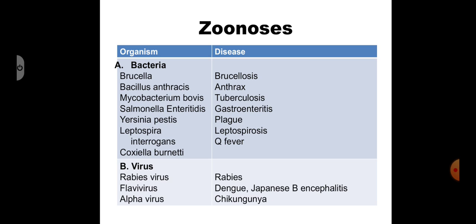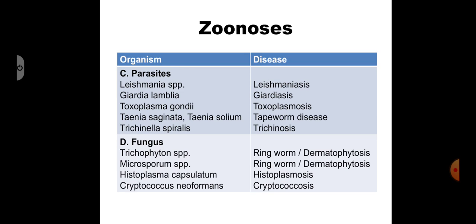Similarly, viral diseases can be rabies, dengue, Japanese encephalitis, and chikungunya. Some of the parasitic zoonotic diseases are leishmaniasis, giardiasis, toxoplasmosis, tapeworm disease, and trichinosis. Some of the fungal zoonotic diseases are ringworm disease, also known as dermatophytosis, histoplasmosis, and cryptococcosis.